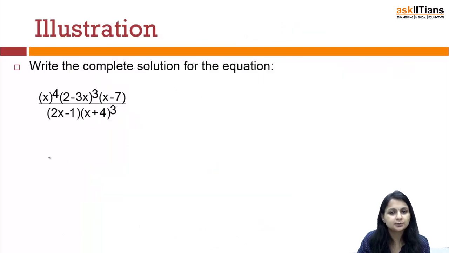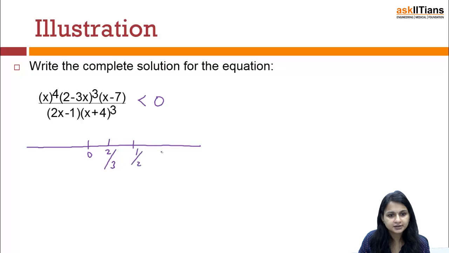Now, let's write the complete solution for this equation. First of all, I'll mark down the zeros and poles. Suppose I have this as less than 0. So I'll mark 0, 2 by 3, minus half, 7 and minus 4. For less than 0, after 7 you can see it is negative.